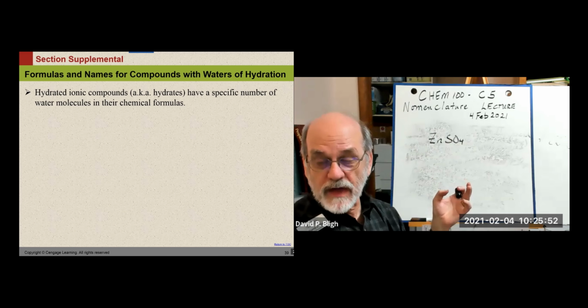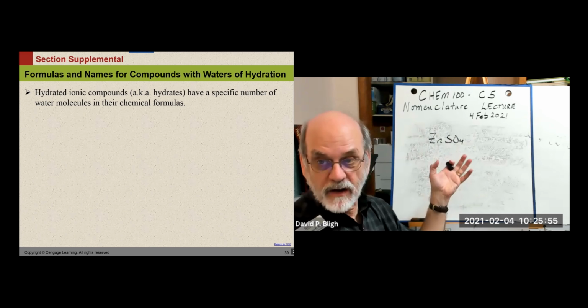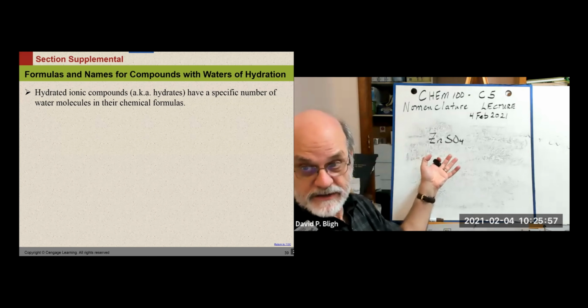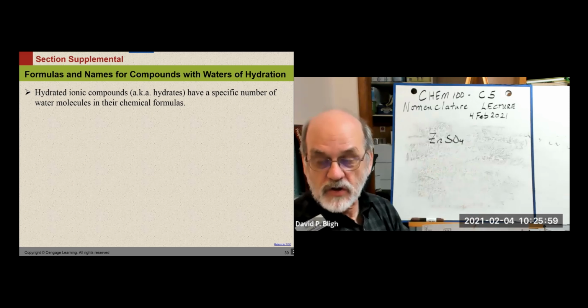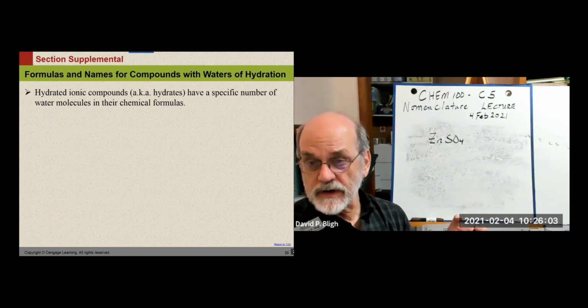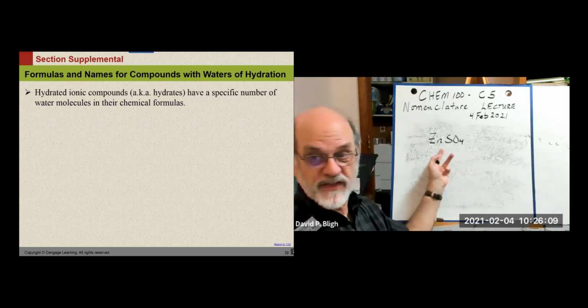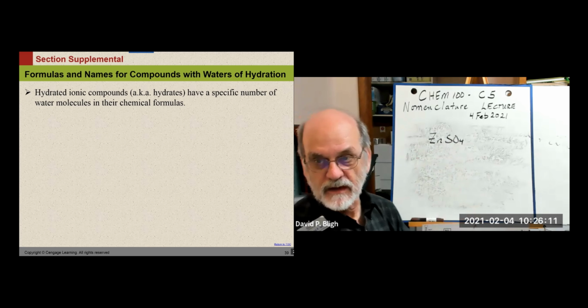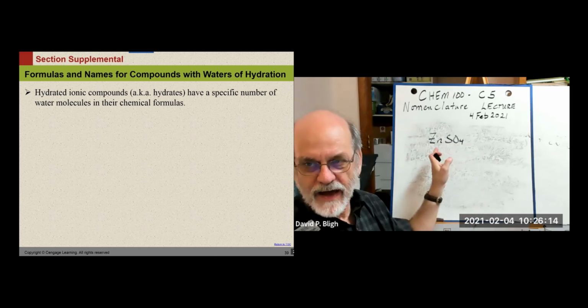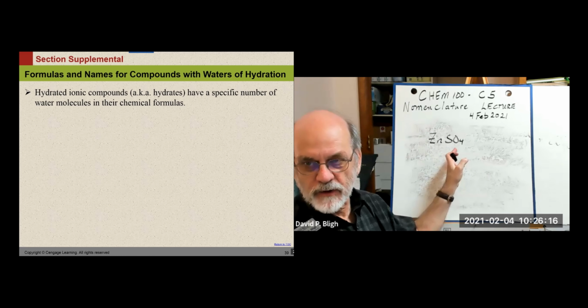But how do we know that there's not some more water attached? Well, you heat it at a higher temperature. Usually 150 degrees is good enough for most of these types of compounds. And now you get to the point where it's just that and nothing else. So if you analyze it, you only find zinc, sulfur, and oxygen.